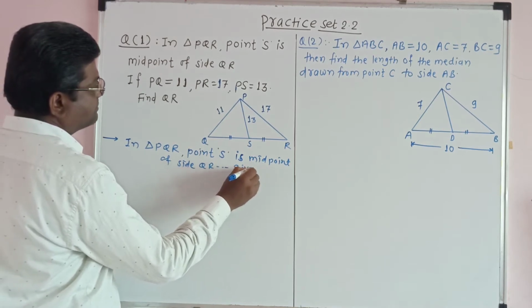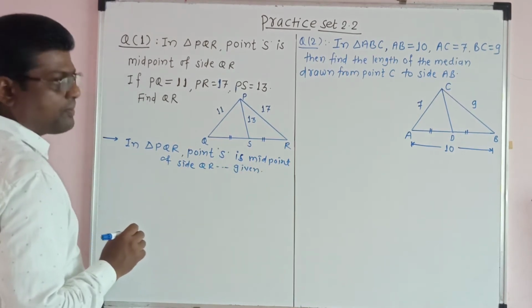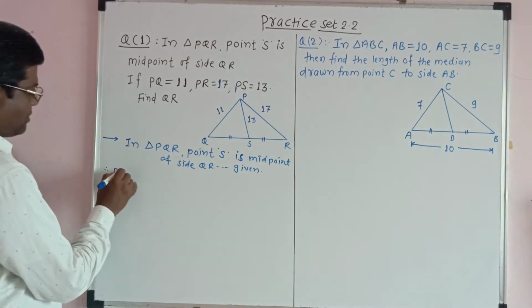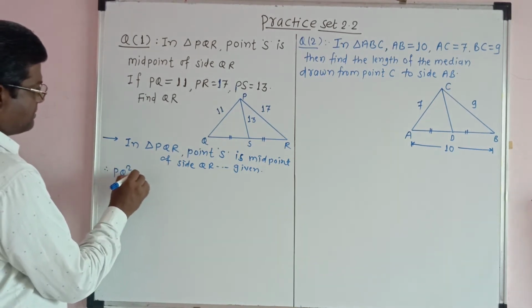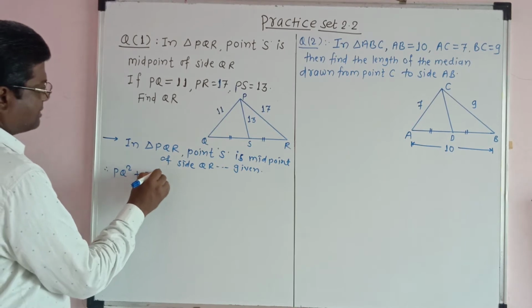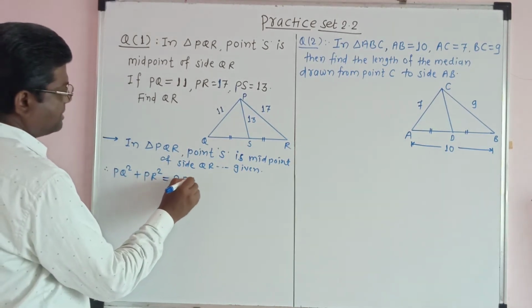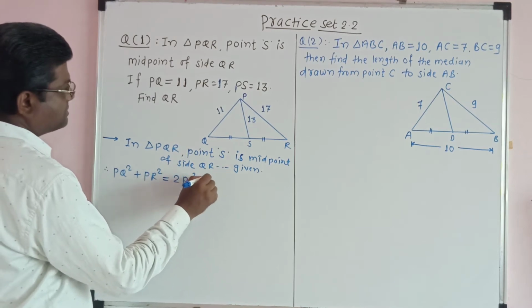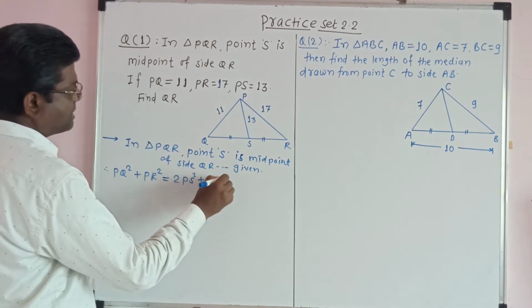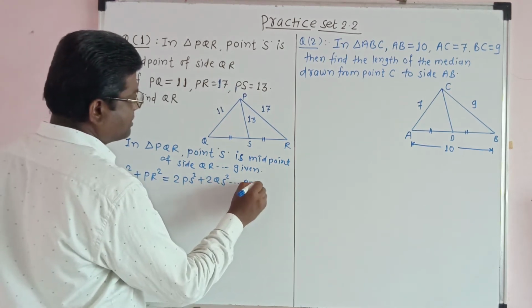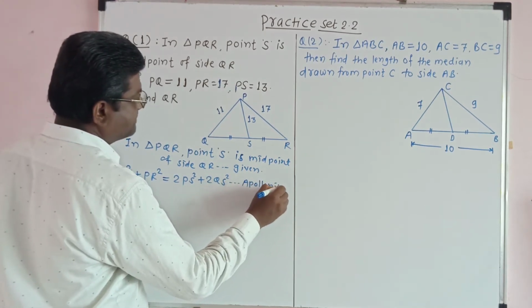It is given. Now apply Apollonius theorem. Therefore PQ square plus PR square is equal to 2 into PS square plus 2 into QS square. This is according to the Apollonius theorem.